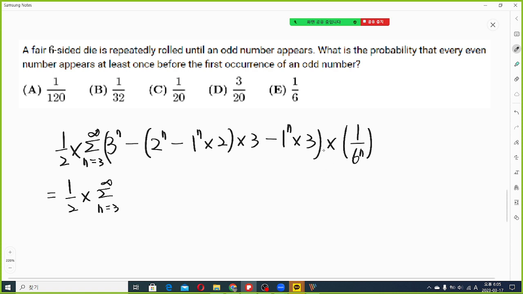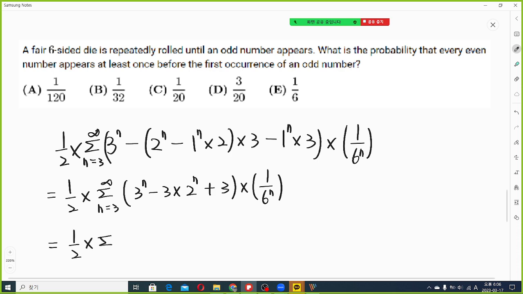So we can first simplify the parentheses. And we are going to open the parentheses.